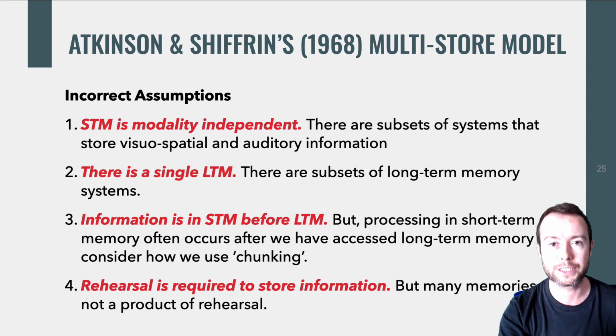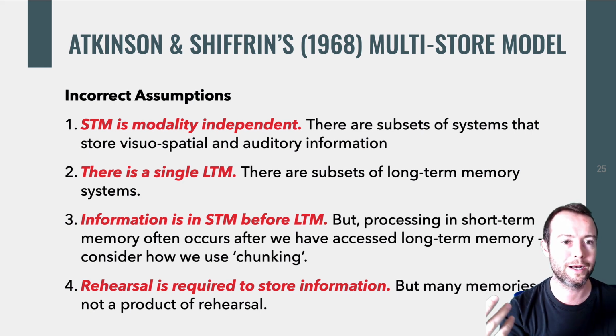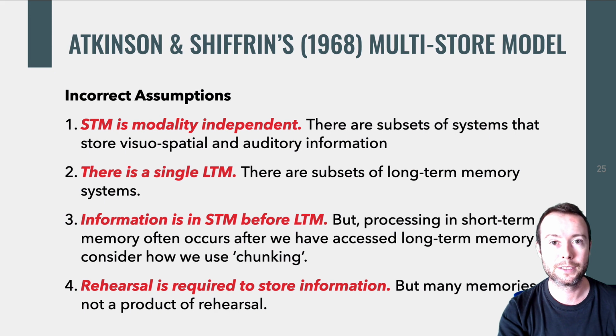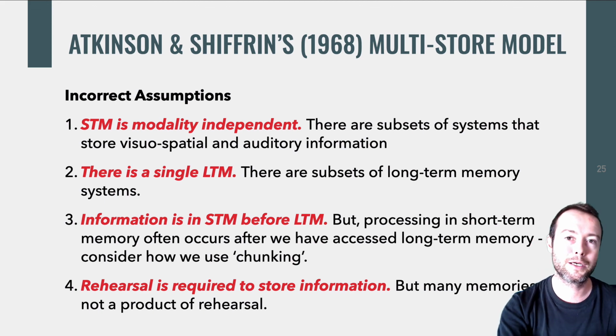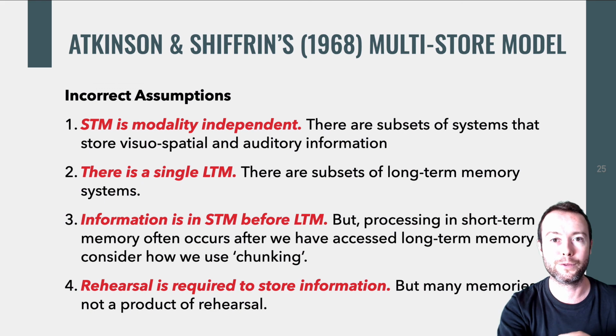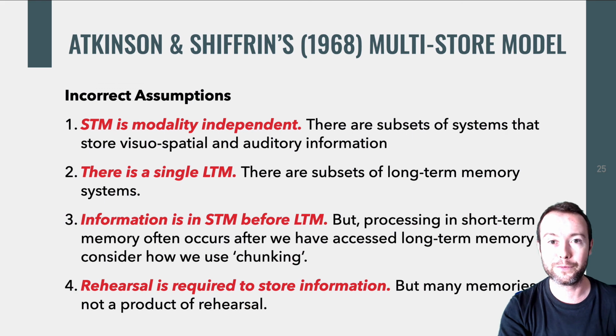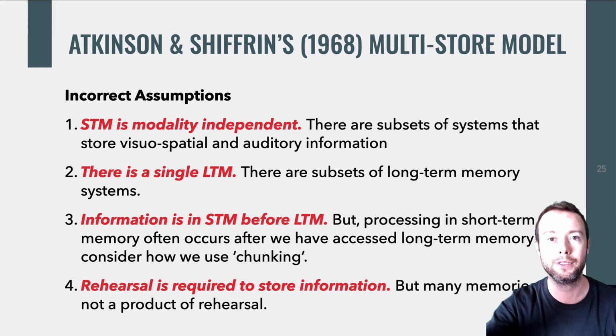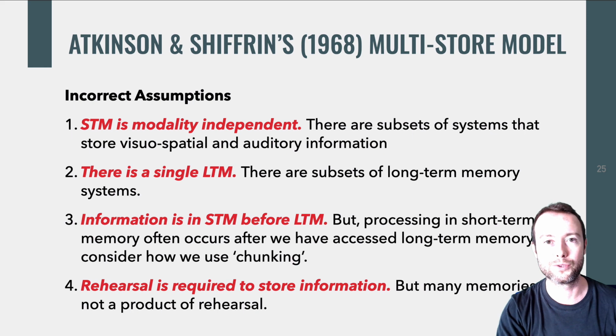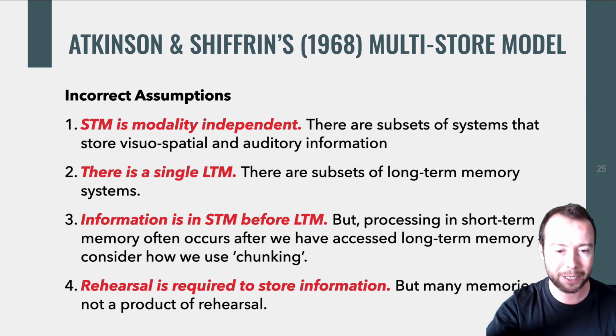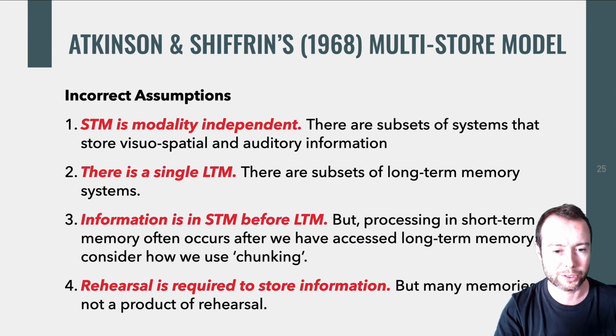So if you think of the examples I gave you at the start of the lecture, where we explored the idea of chunking, I gave you 3-letter trigrams of FBI, CIA, KGB, and combining those together formed a meaningful piece of information. So in order to benefit from that in short-term memory, you had to have accessed your understanding that FBI refers to the Federal Bureau of Investigation in the US, and that means that it is stored as a single chunk. So it doesn't really account for this bidirectional flow of information that occurs.